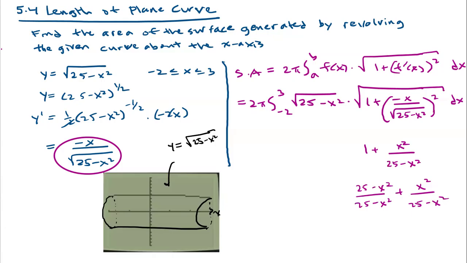So the top will be 25 minus x squared plus x squared, divided by 25 minus x squared, because now we have the same common denominator. We can just add the numerators and leave the denominator the same. The x squares are going to cancel, leaving us with 25 over 25 minus x squared.